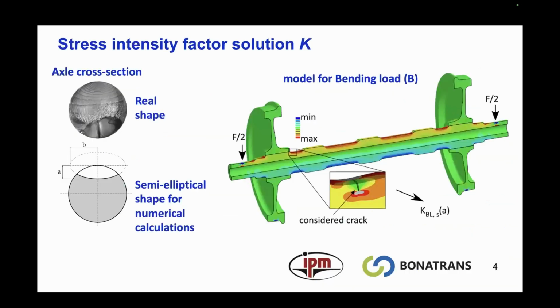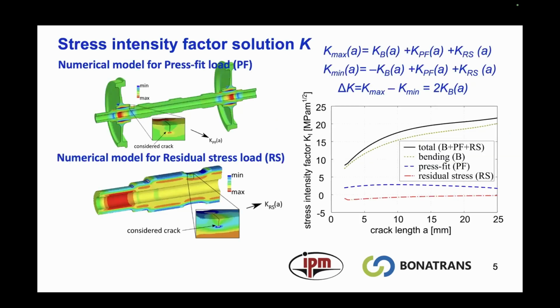What is important for simulation of crack growth through the axle is to consider a real crack shape, because the crack shape changes its geometry during propagation, and we have to take this change into account. In this procedure, we took into account press-fitted wheels and the residual stresses due to press fits.